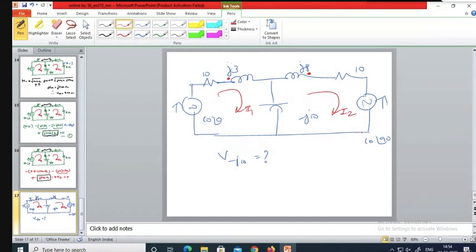Okay, very simple. In that case, you can just apply the KVL here, the first loop. So it is 10 angle 0 minus of 10 plus J3 into I1, which is the self-induced EMF, and here it is minus J10 into I1 minus I2.